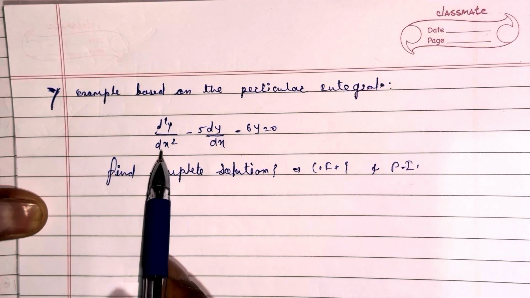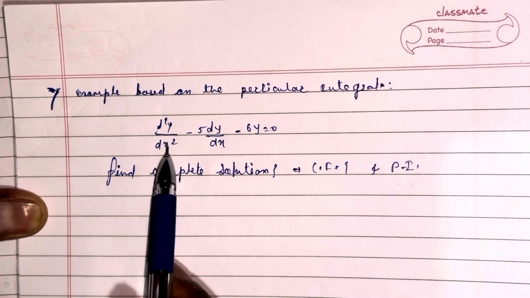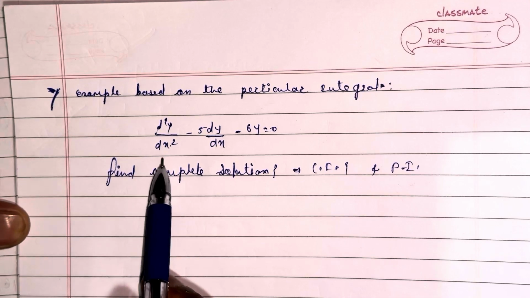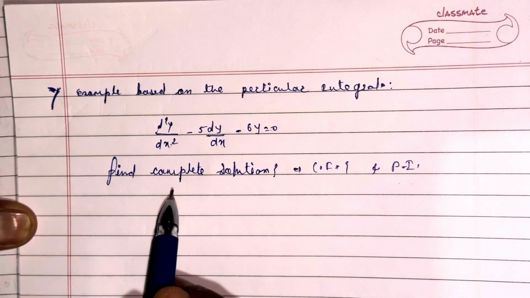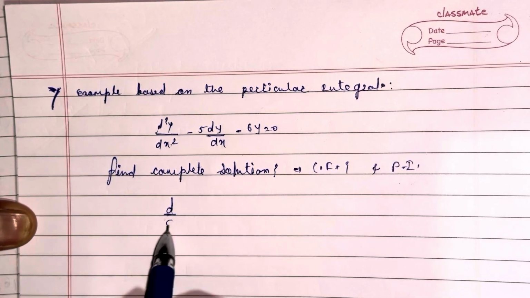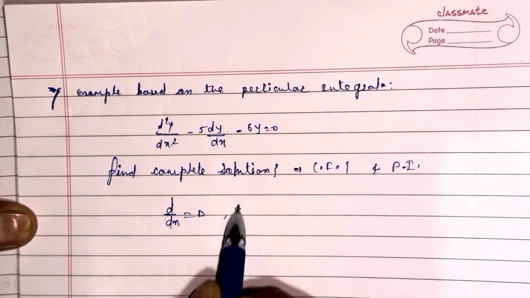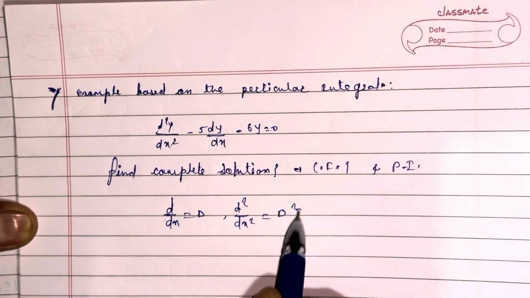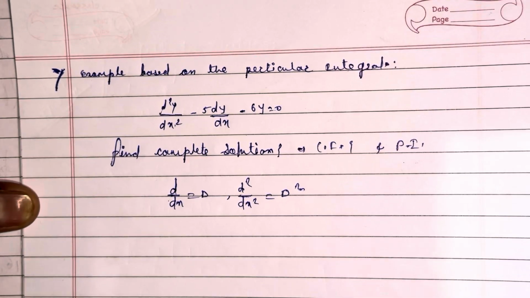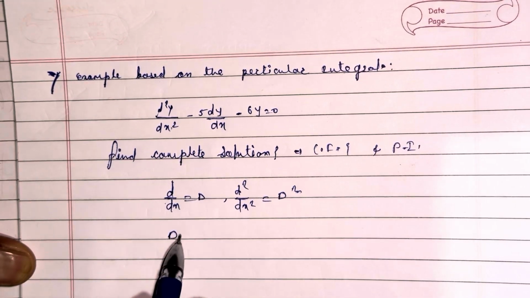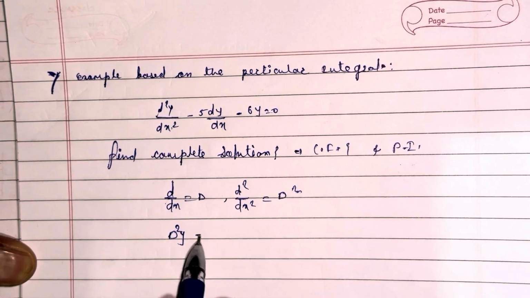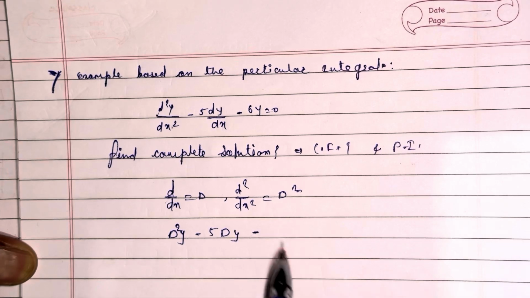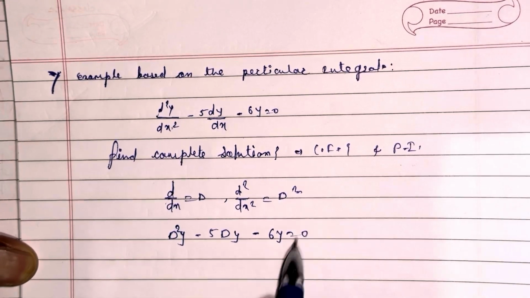As we can see, our differential equation is a second order differential equation, as we have highest power 2. So we write d by dx as capital D, so d square by dx square is equal to capital D square. Replacing these values, we get D square y minus 5 Dy minus 6y, which is equal to 0.